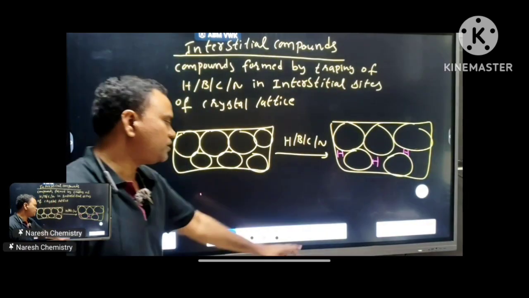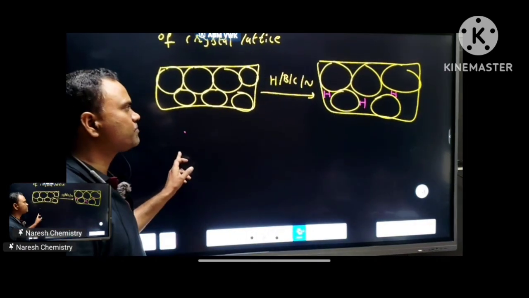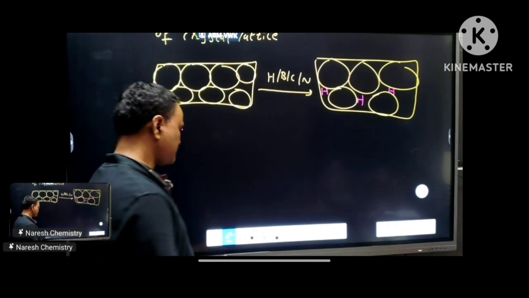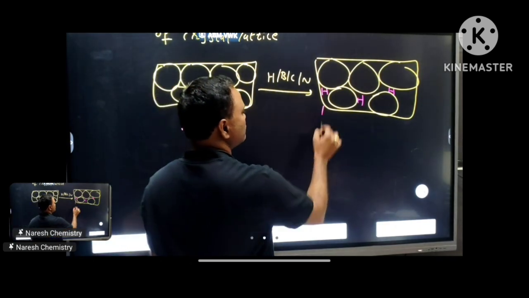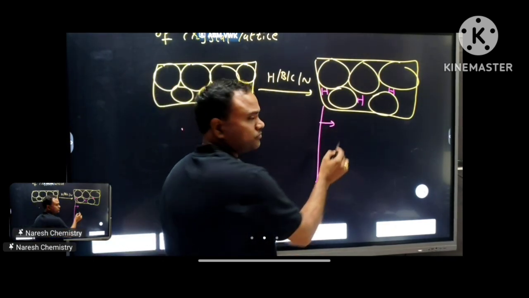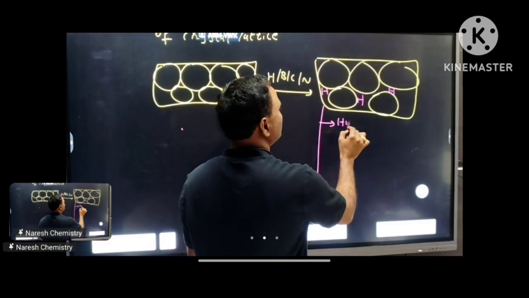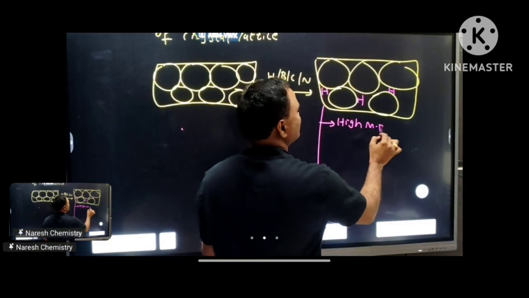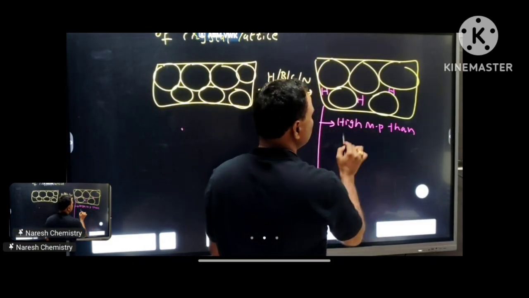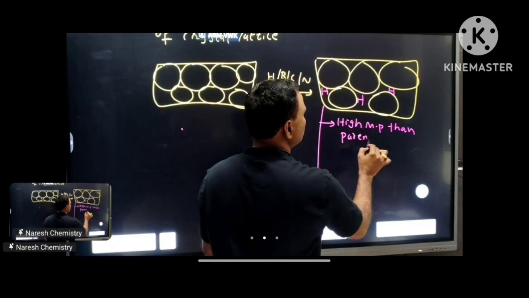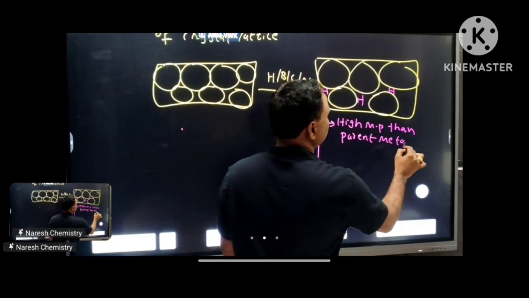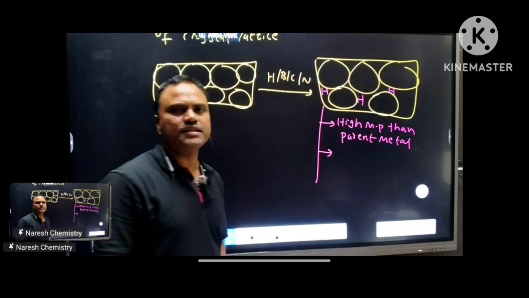What are the properties of interstitial compounds? Write the properties. High melting point than the parent metal. These are inert, meaning less reactive than the parent metal.